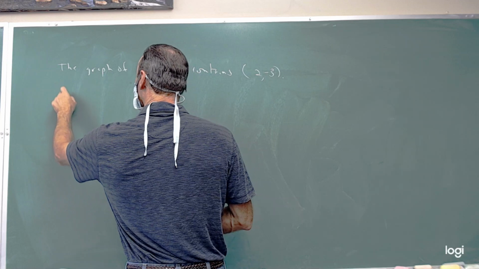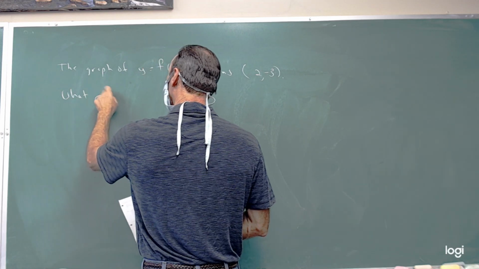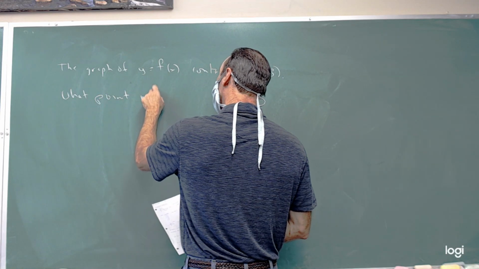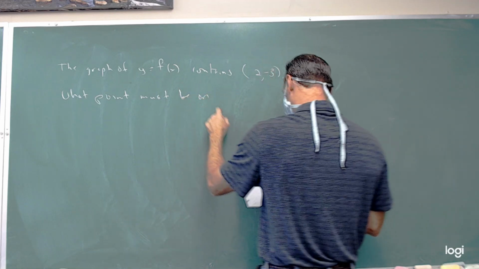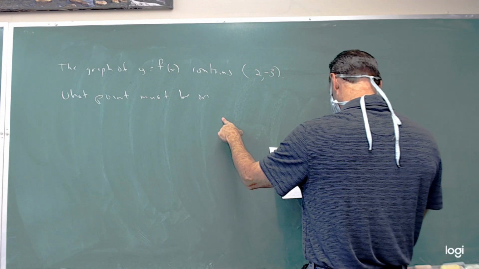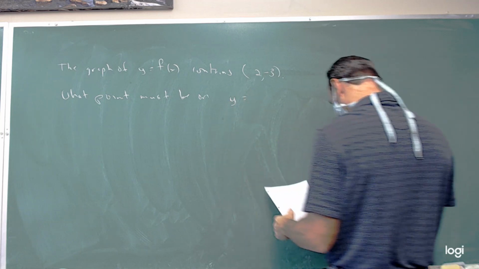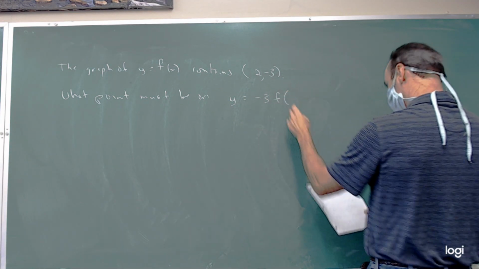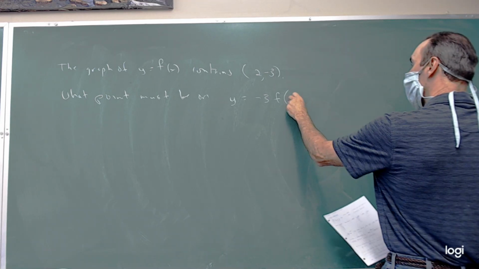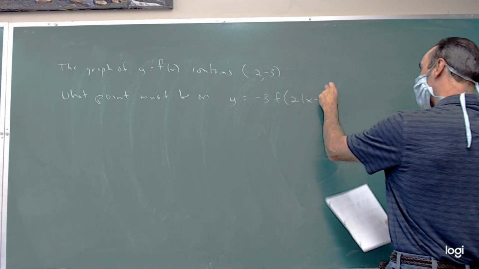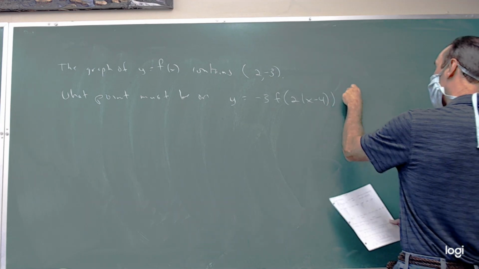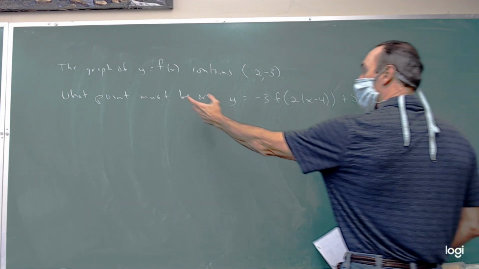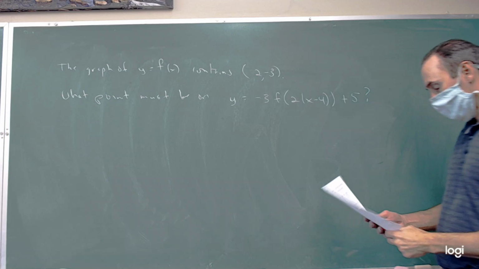What point must be on the graph of y equals -3 f of 2 times x minus 4, plus 5? So that point on f of x, what point must be on this?